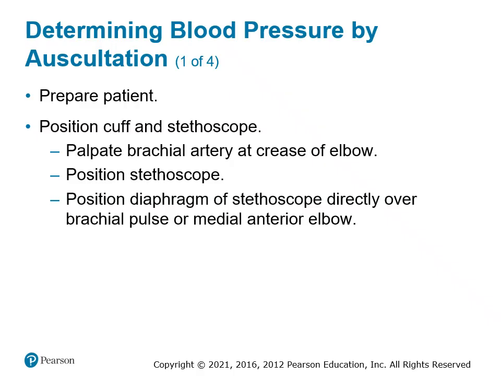Position your blood pressure cuff so that the arrow is pointing to where that brachial artery is at the crease of the elbow, and then position your stethoscope there and place the diaphragm of the stethoscope directly over that pulse or the medial anterior elbow.